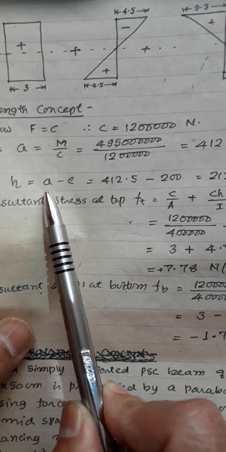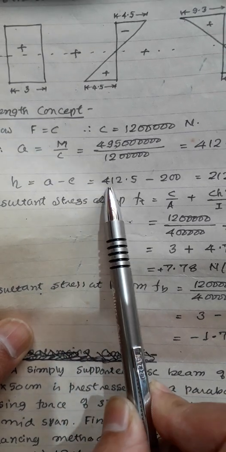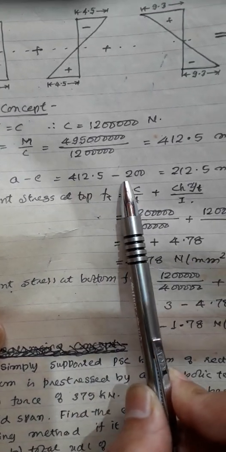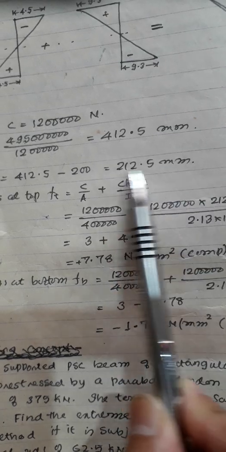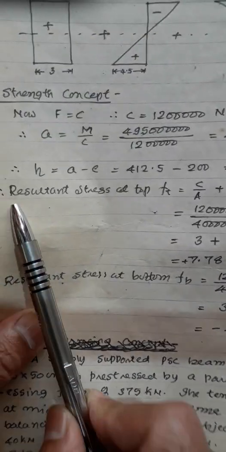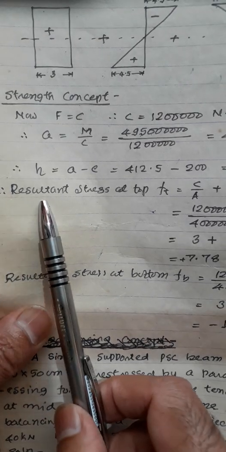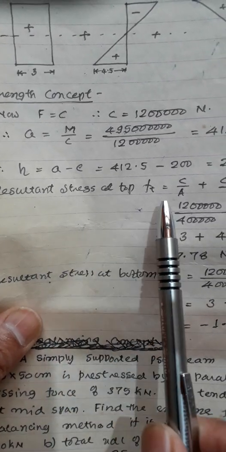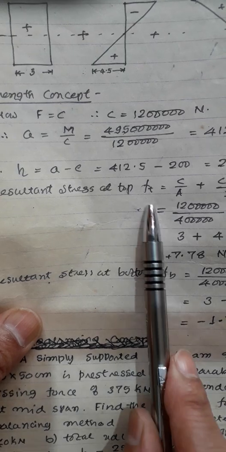Once I know the lever arm, you can easily calculate your H. H is given by A minus E. A I know, E is the eccentricity, so you will get the H value as so much. Once you know the H value, by using your strength concept, you can easily find out FT, the top fiber stress.